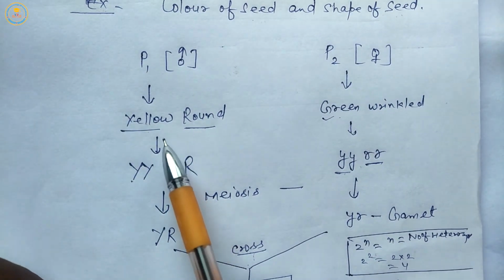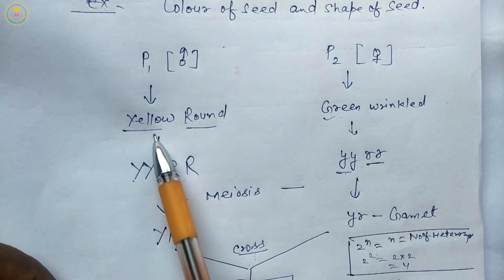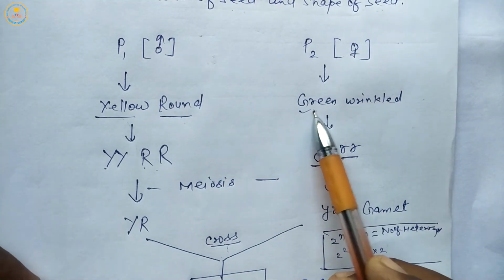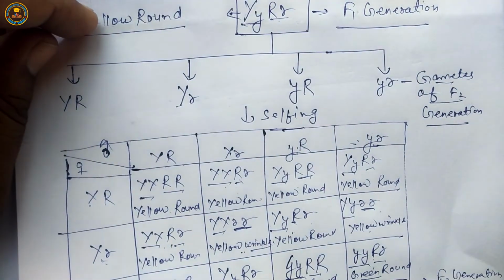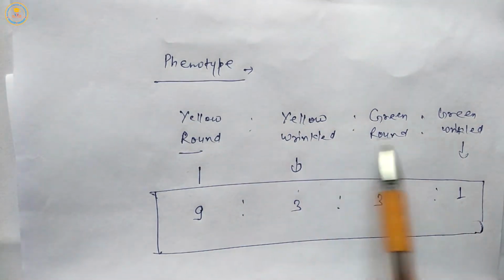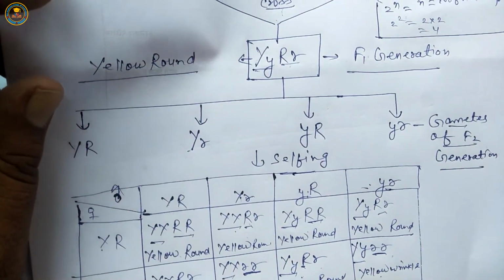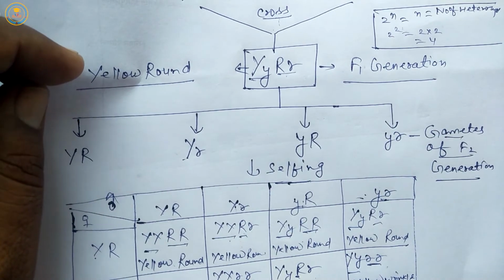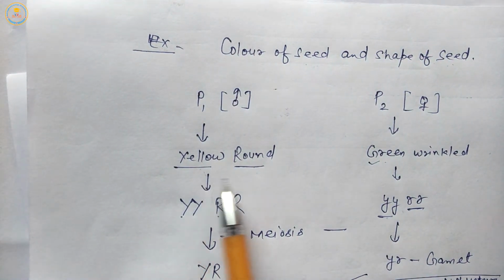Like in this law, there are only two parents, first yellow round, second green wrinkled.